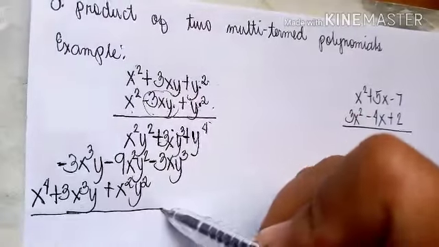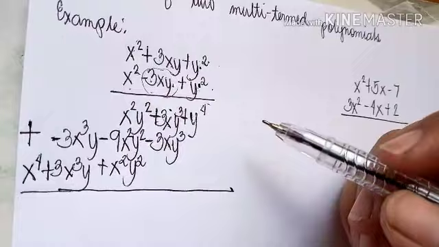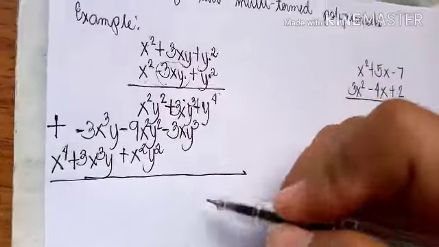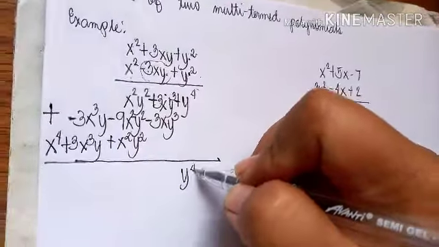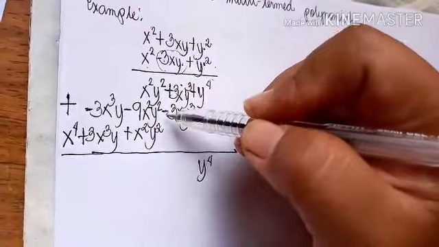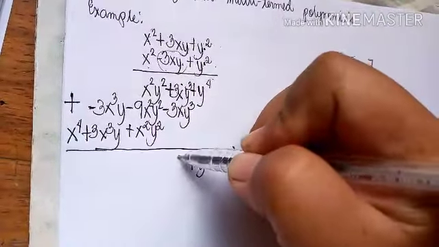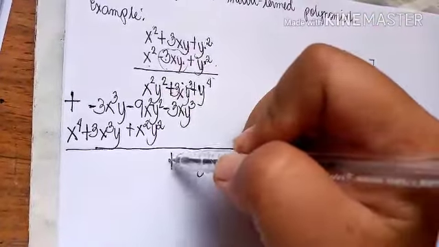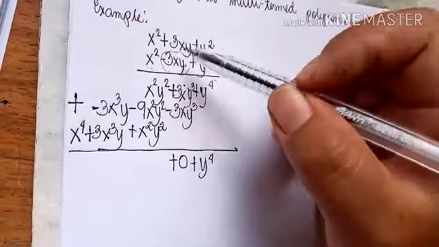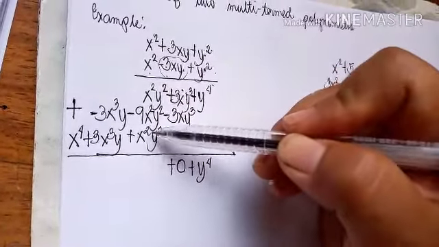So we can now add all of them. So this would be addition. So we have here y raised to 4. We're just gonna bring it down. We also have positive 3xy cubed plus negative 3xy cubed. That would be 0. And we have x squared y squared, negative 9x squared y squared plus your x squared y squared.